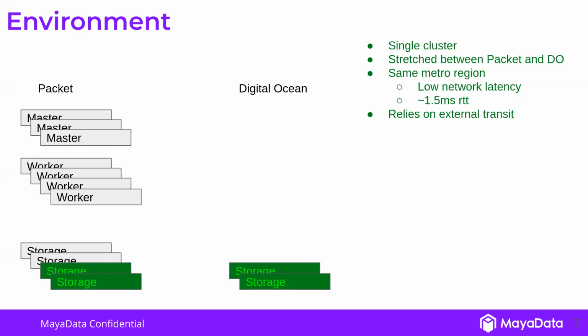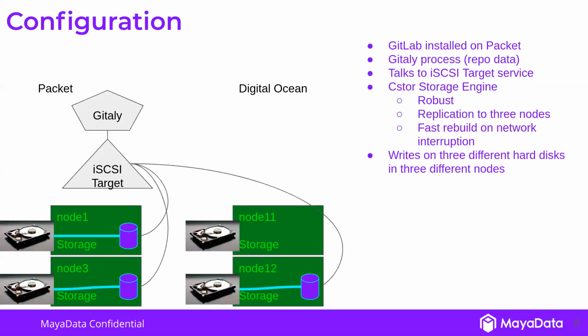And the other 2 nodes are in DigitalOcean, and the data flow is going to come in through SSH, through the ingress, and into this Gitaly process.